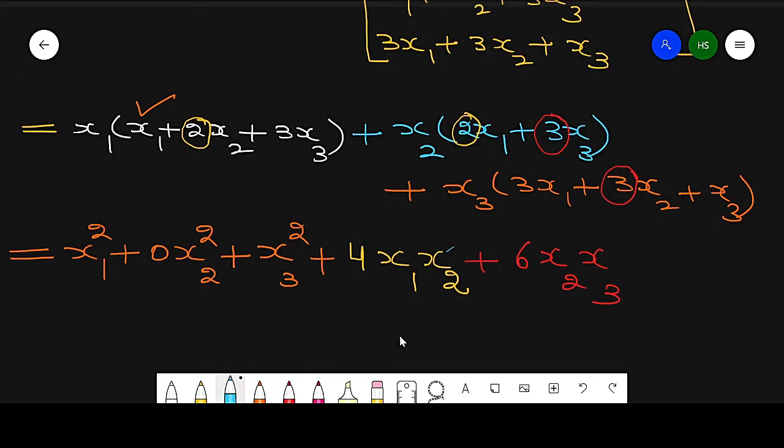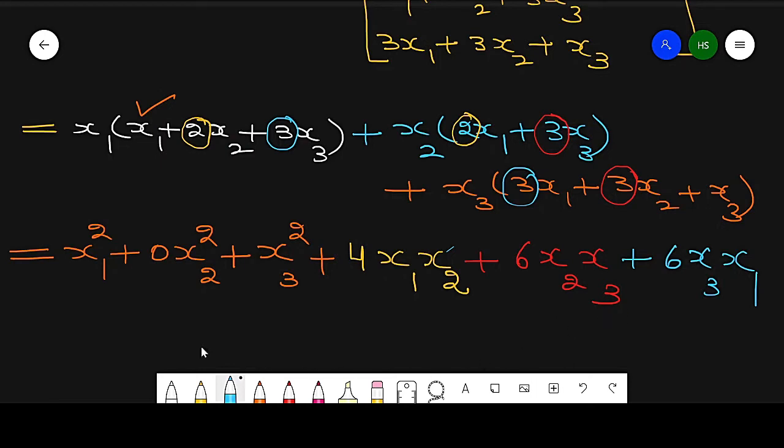And the third term is x3x1: here it is 3 and here again 3, so plus 6 x3 x1. So this is the quadratic form from the symmetric matrix.